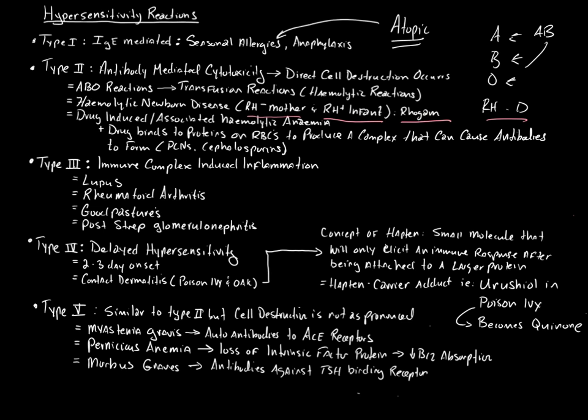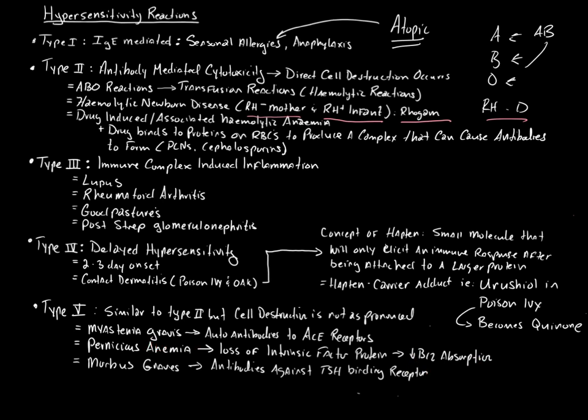In fact, vitamin B12 deficiency is one of the two most common causes of anemia, folic acid deficiency being the other common cause. So if you have a loss of this intrinsic factor protein because it has been attacked by antibodies, then you won't be able to absorb vitamin B12 and you'll go on to develop anemia.